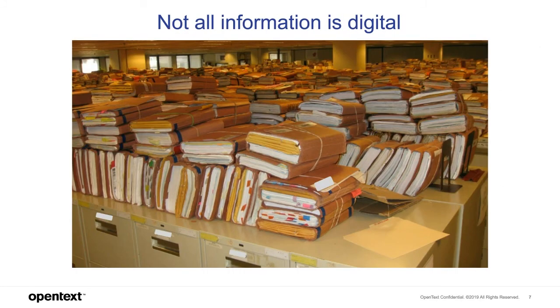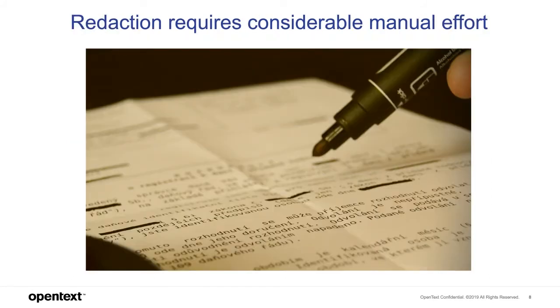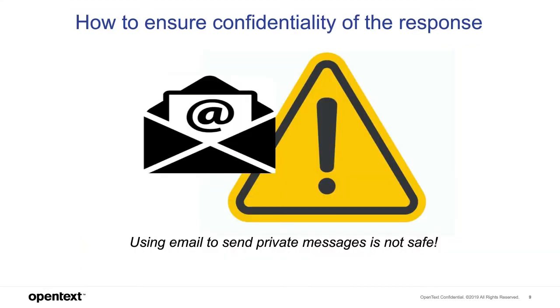Also, not all information is digital, so what do you do with paper? What about making sure you don't share what you're not supposed to share? So, redacting information inside the documents you're sharing. And finally, how do you make sure that you securely share it? Because, for example, email is not necessarily considered a safe way of sharing information back to the requester.